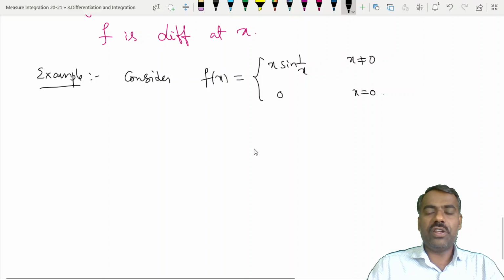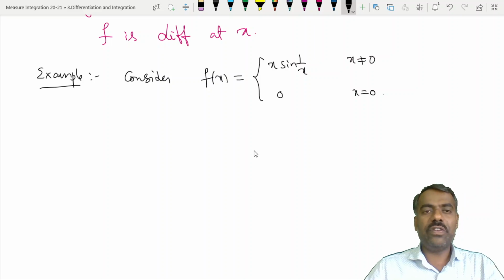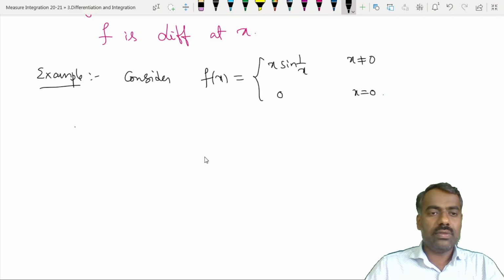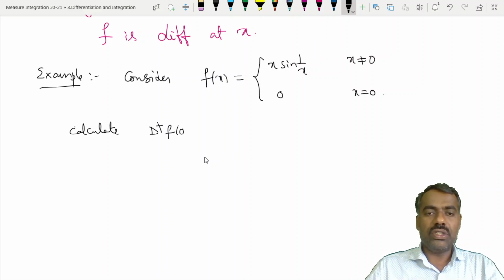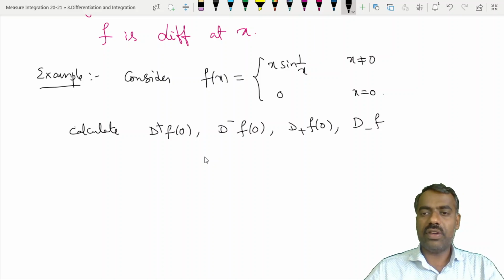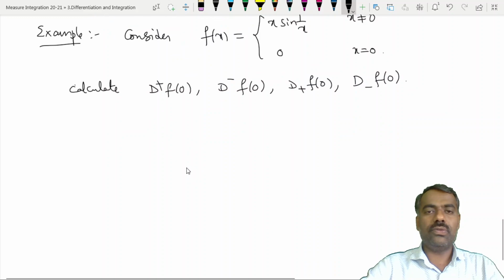We'll see whether it is differentiable or not, and if it is not differentiable, is it right differentiable or left differentiable, or not at all. Then we'll calculate D plus f at 0 and D minus f at 0. We'll find these four values.